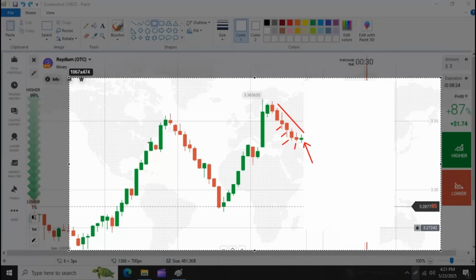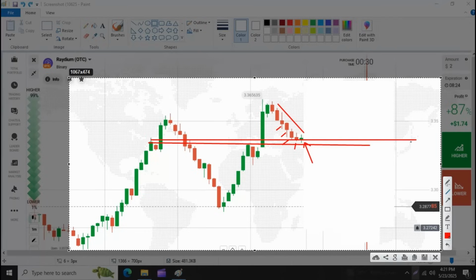First of all, the market is respecting this area, as the wick level has been reached. Sometimes the market could reverse from here and go up to the next level. Sometimes the market will go down too.